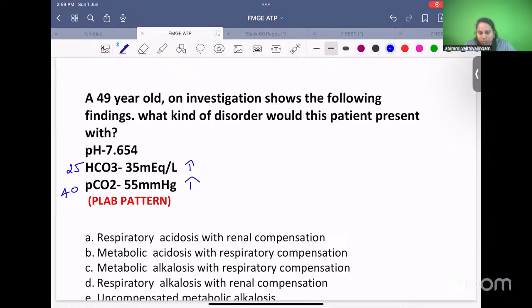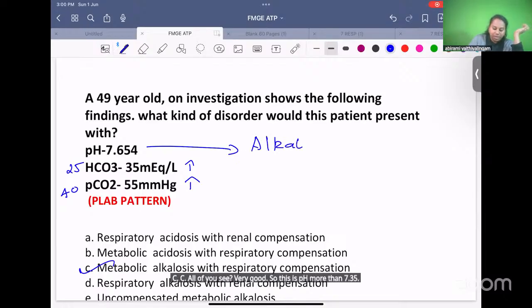Yes, very good. Others, please give me an answer. C. All of you see. Very good. So this is pH more than 7.35. Alkalosis.